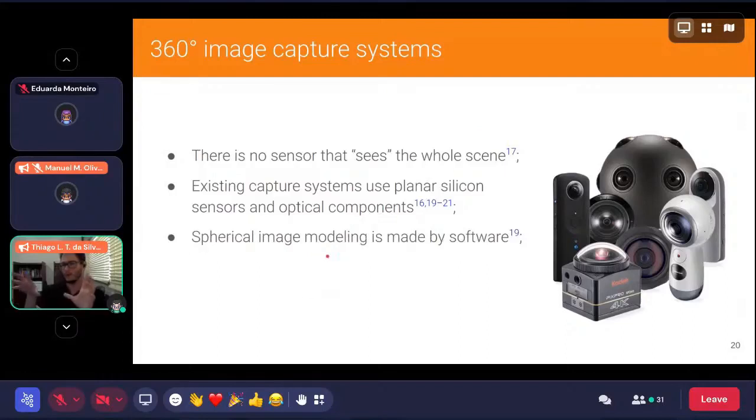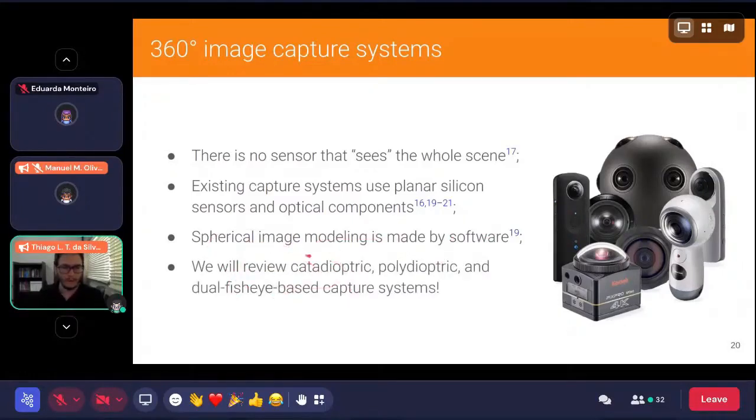Then we have a small coverage of the scene by a combination of a planar sensor and an optical component. This is mapped to a part of the sphere by software, and then we can think of our spherical imaging on the sphere.